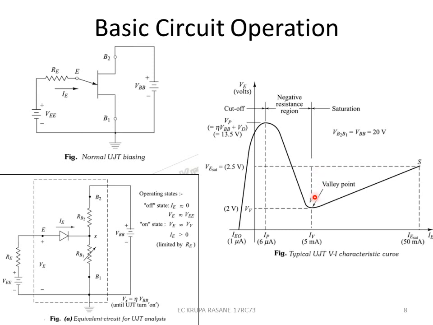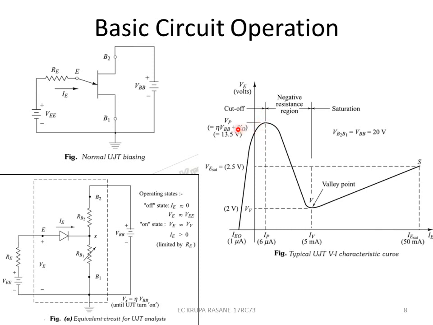And beyond this valley point, what we see is the saturation. Here they have given typical values that you can have a look at. The reverse leakage current can be a maximum of around 1 microampere. When V peak is reached, that is when the diode will start to conduct, that V peak value will have a corresponding IP current.